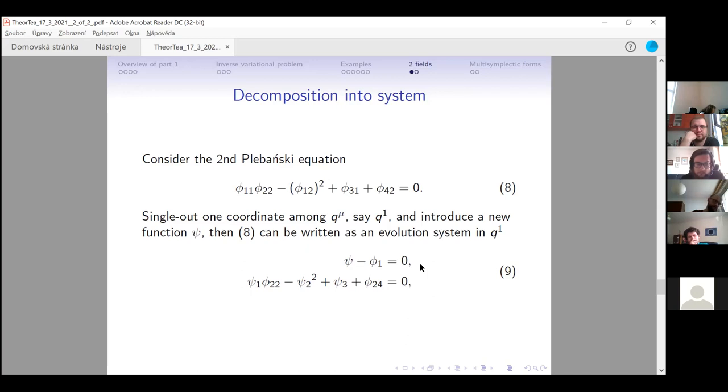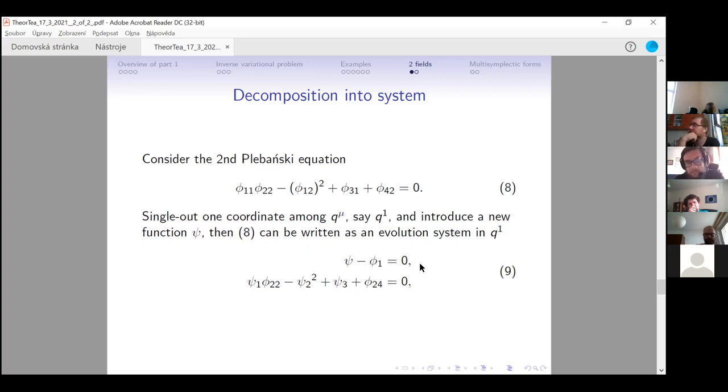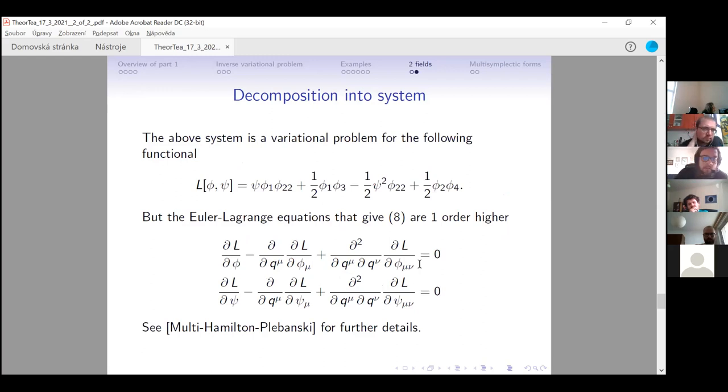You have also said, maybe even multiple times last time and today at least once, that we can find the Lagrangian if we go to high enough jets, right? What I'm confused about is that you are doing two things at once: splitting this equation into two, adding a new variable, and also going into higher jets. Could you not have just gone into higher jets and solved it without a new field?